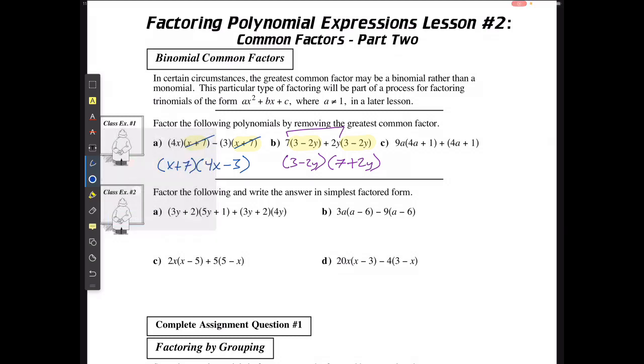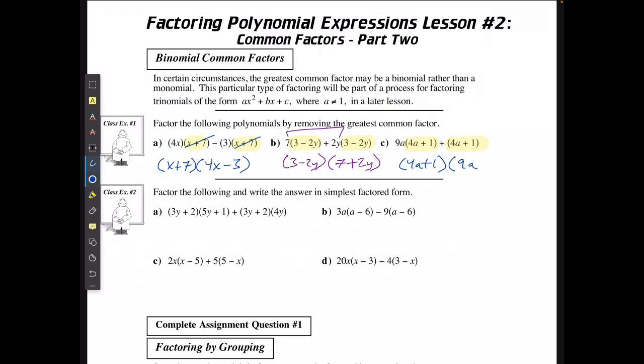When I get to the third example, same idea. I have the 4a plus 1 and the 4a plus 1. Now when I divide that out, and I divide it from the first polynomial here, then I'm left with the 9a.